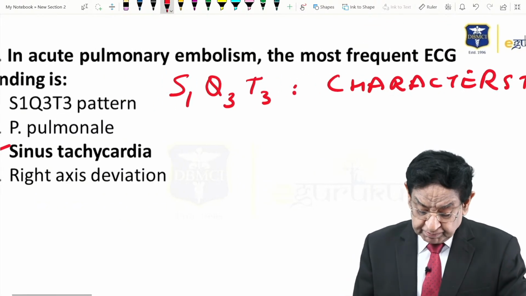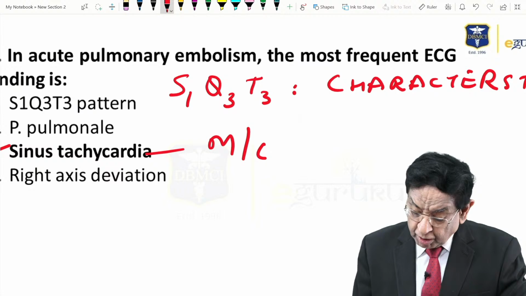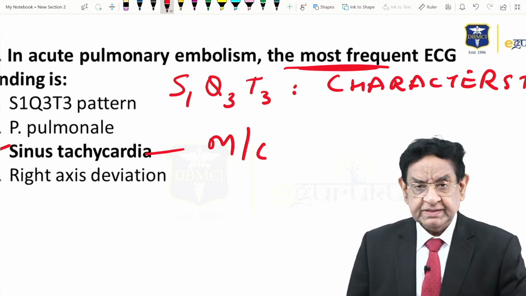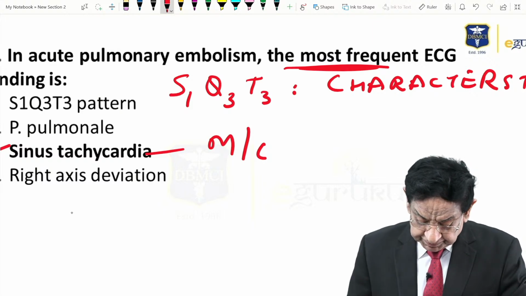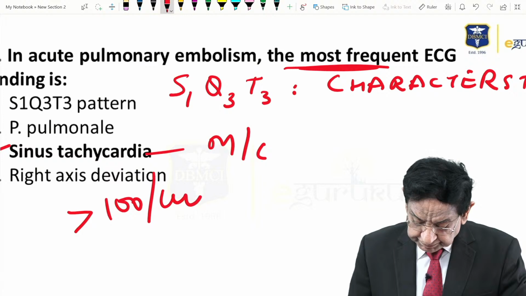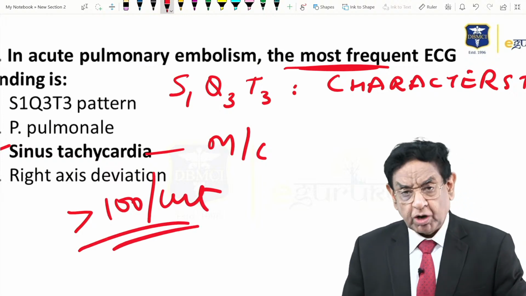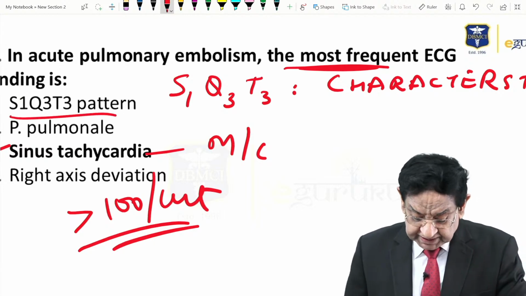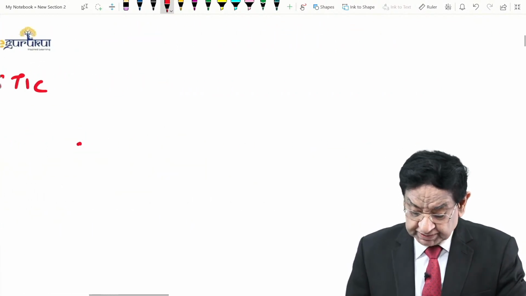But tachycardia is the most common finding. So there are two different questions. Tachycardia means heart rate more than 100 per minute. This is the most common finding, and that is the most characteristic finding. Let me tell you what all these are.